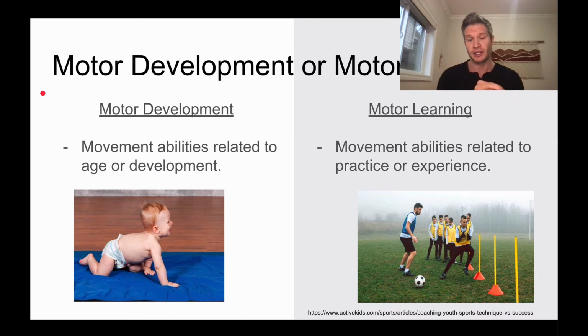So very specific to age or development, whereas motor learning can happen through practice or experience, but is a little bit more confined in time. And that's ultimately the big test between motor development and motor learning. When we look at development, it's in the matter of months or years typically, whereas motor learning is more like weeks or months, okay?